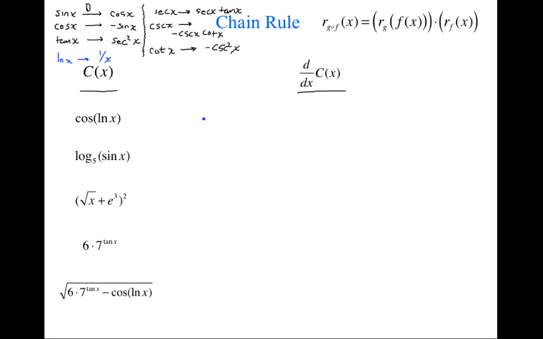The derivative of cosine is negative sine of x. The derivative of tangent x is secant squared, etc. And then the derivative of natural log of x is 1 over x, or x to the minus 1 if you want. Log base b of x is 1 over x, and also in the denominator, natural log of b.